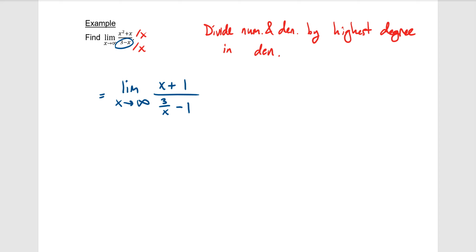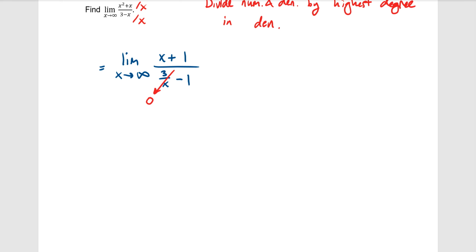Okay, so now we can go ahead and take a look at the numerator limit and the denominator limits separately. We know that 3 over x will go towards 0 as x goes to infinity. And then we have to think about these other ones here. So we know negative 1 is going to remain negative 1, and x plus 1 we can look at as a whole if we want. X plus 1 is going to go towards infinity, right?